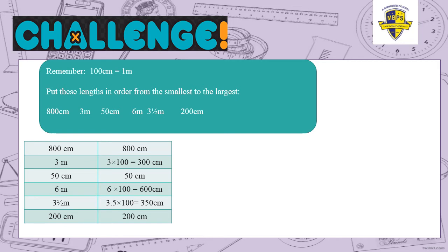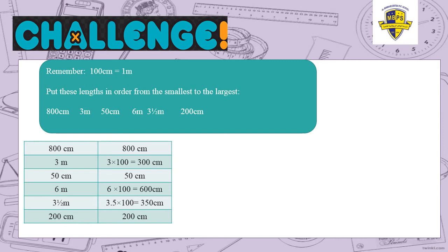So tell me now, which one is the smallest? 800, 300, 50, 600, 350 or 200? Good. 50 is the shortest one, the smallest one. Then 200, good. Then 300, then 350.